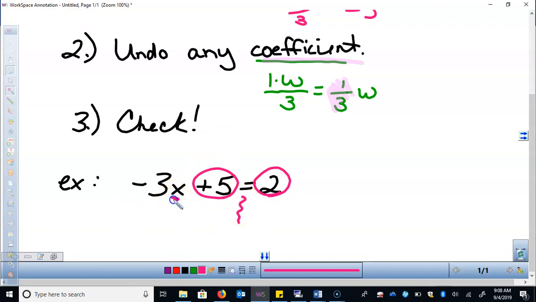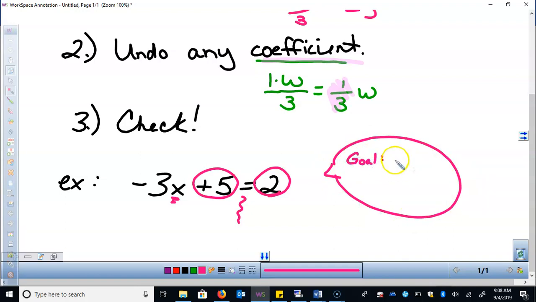Well, our variable is here, and remember our ultimate goal, our big picture here, is to always isolate the variable or get it by itself. I want to know what does x equal. So we are isolating the variable. That is our ultimate goal with any equation.